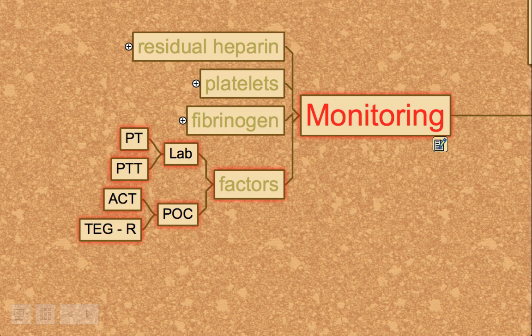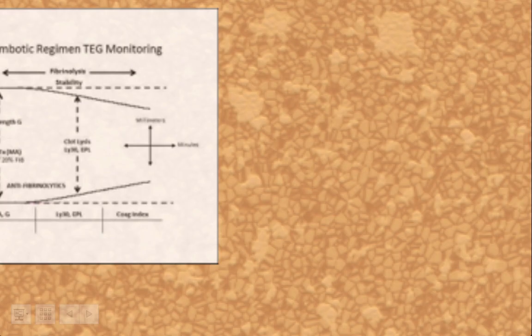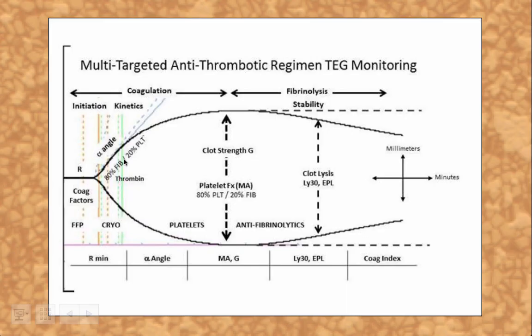With your point-of-care devices, you may notice that your patients with clotting factor deficiencies have prolonged ACTs, and on the TEG, you will have a lengthened R time. On that TEG tracing again, R represents the liquid phase of the blood right here. And as that gets longer, then it is indicative of a shortage of Coag factors.